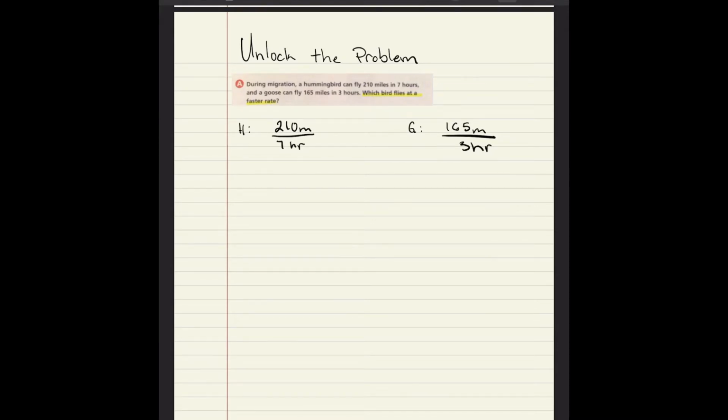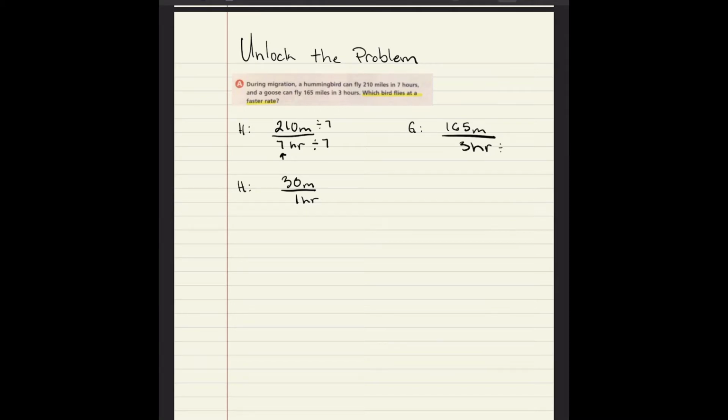So I want to know how fast they fly in an hour. So I'm going to turn this 7 into a 1. So I do that by dividing by 7 to the top and the bottom. So 210 can be divided by 7, which gives you 30. So it's 30 miles per 1 hour. That's how far the hummingbird flies.